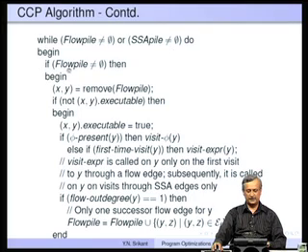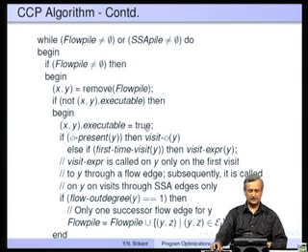So, the first one is: if flow pile is not equal to phi, that is flow pile is not empty, what do we do? We remove an edge from the flow pile. If the edge is not marked as executable, that means we are now entering through an edge which is not yet seen before.